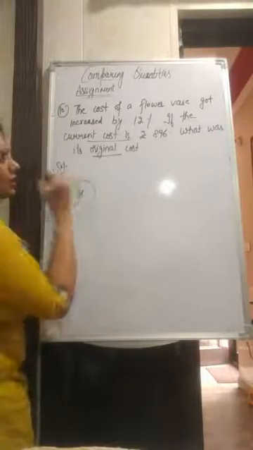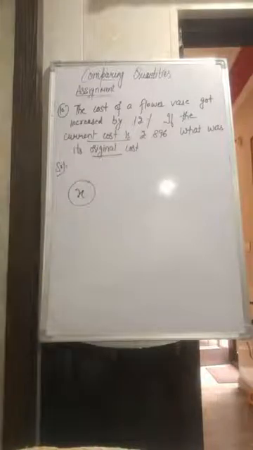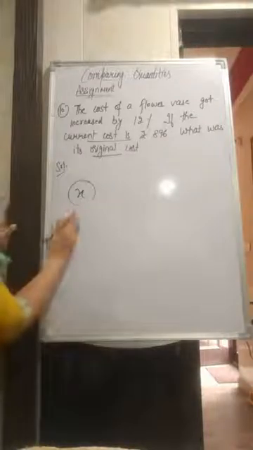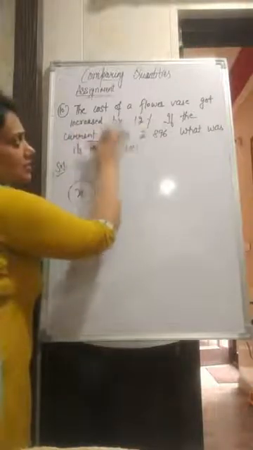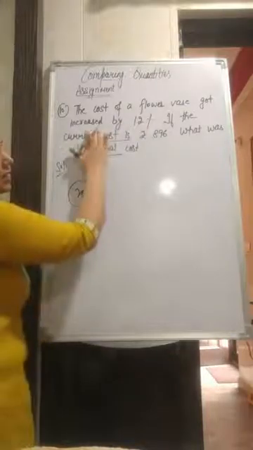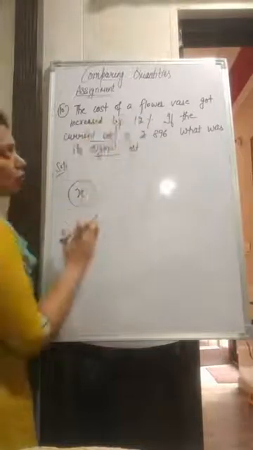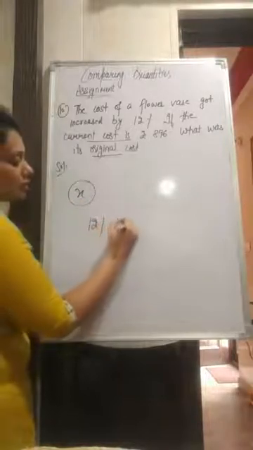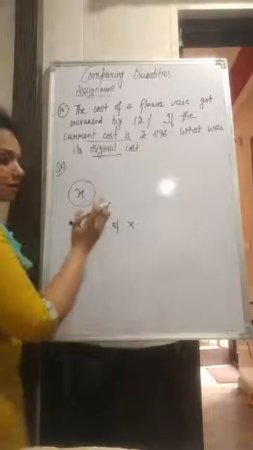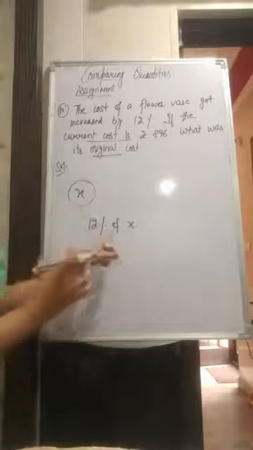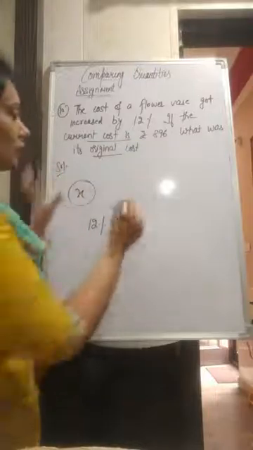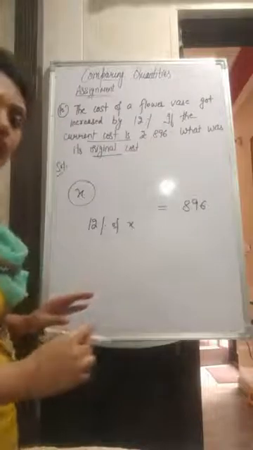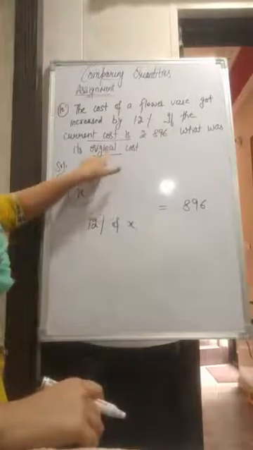We will suppose that the original cost is x. This 12% increase happened to the original amount, meaning 12% of x is increased, and after this increase the total amount is 896.